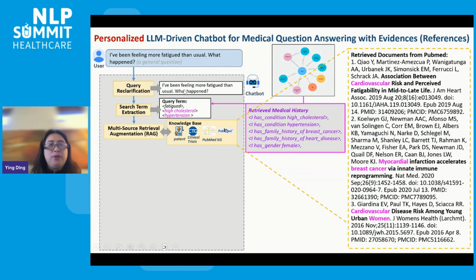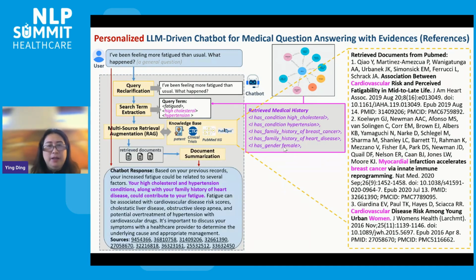So we do the query reclassification, get search terms, and search all these websites and articles, and incorporate her history of high cholesterol and hypertension, breast cancer history and heart disease history, and try to incorporate this into the summary, so we can provide a summary about this and come out with very concrete citations.